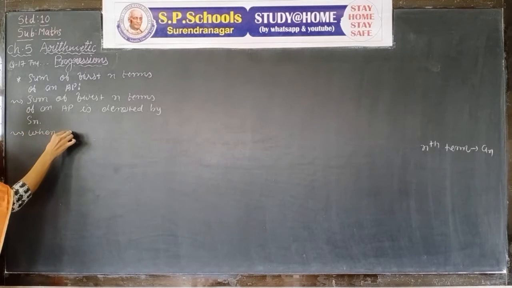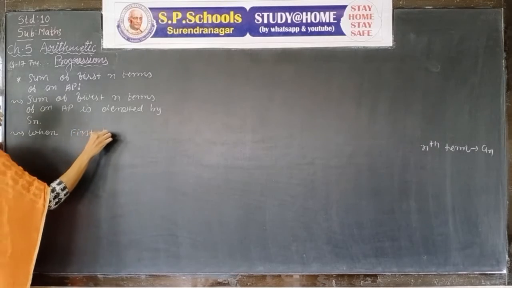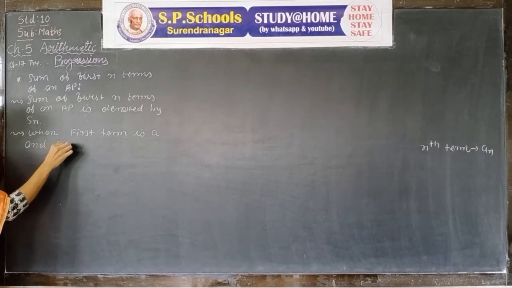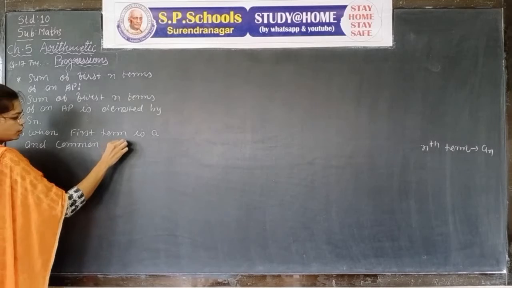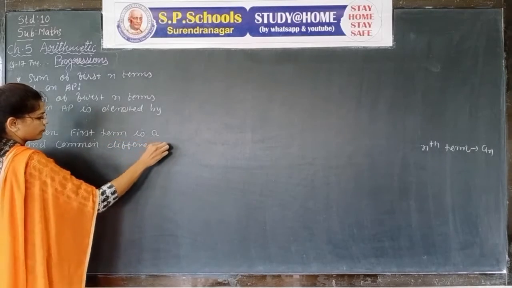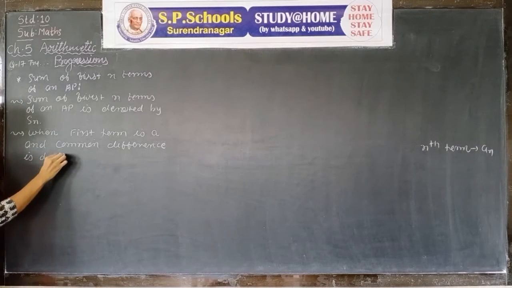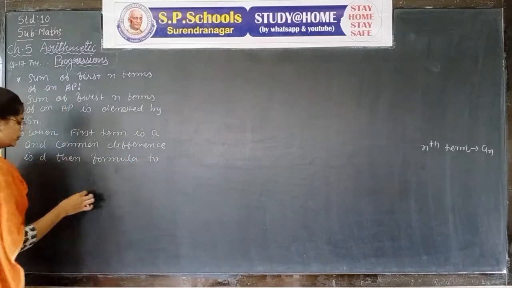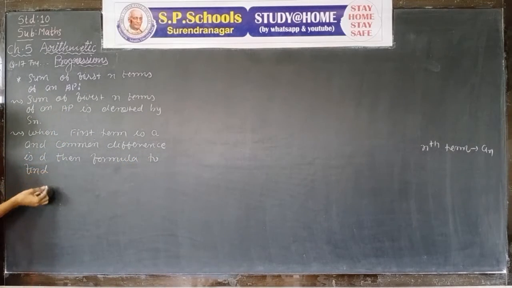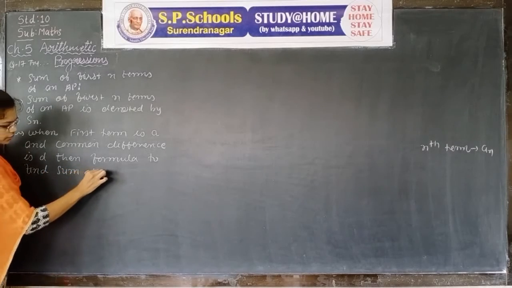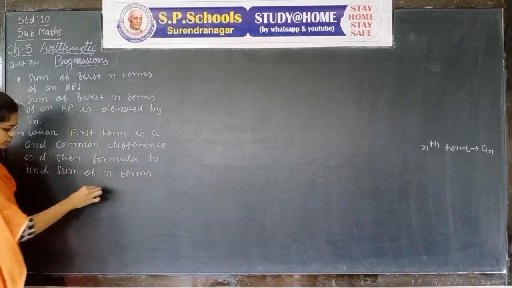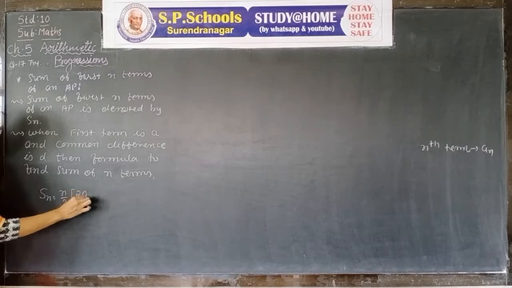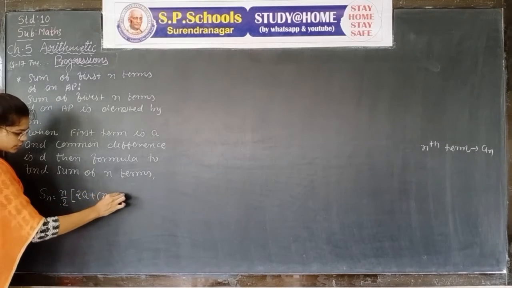When the first term is a and the common difference is d, then the formula to find the sum of n terms is Sn equals n upon 2 into bracket 2a plus n minus 1 into d.